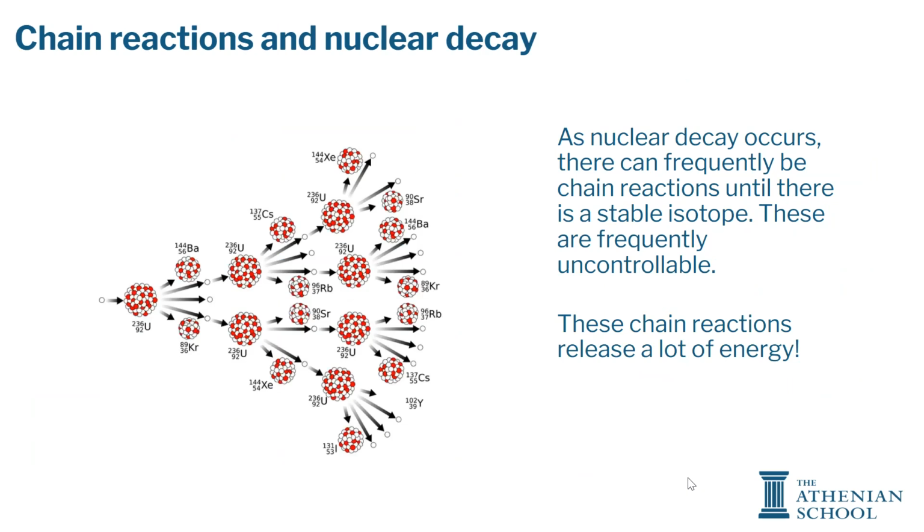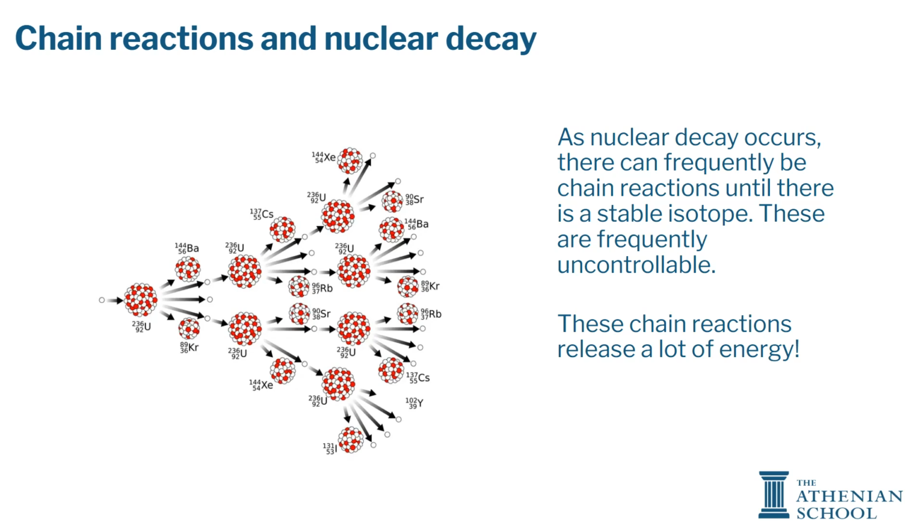Now, one thing that's really interesting is that with nuclear decay, there can often be a chain reaction. What I mean by that is that it'll release one particle, but it turns out the particle that it released didn't actually solve the whole problem. It's still an unstable nucleus, and because of that, it's going to release another particle.